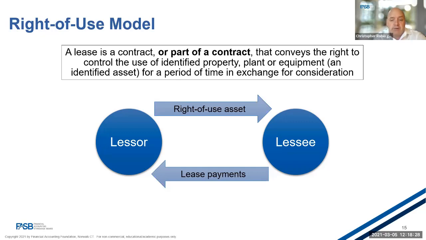Now, when you look at how a lease is defined, the first thing that's in bold is "or part of a contract." What we're trying to get to there is that a lease doesn't have to be tabbed a lease contract.